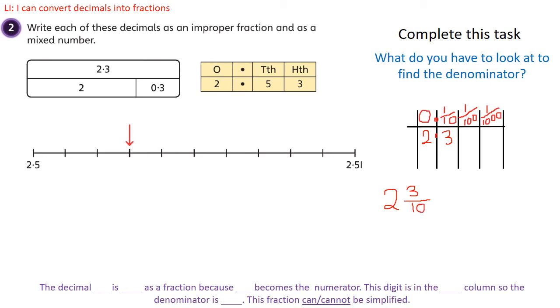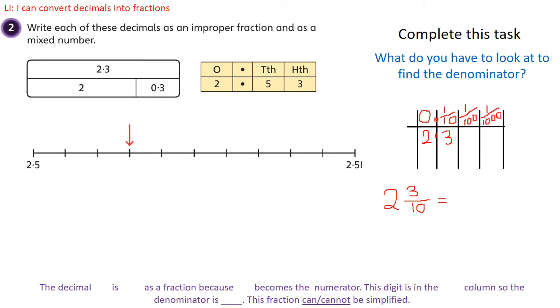But it also asked us for this number as an improper fraction. Well, we could work out how many lots of 10 are in my 2 wholes and then add on my 3. Let's do it that way, actually. So we've got 1 whole equals 10 tenths. So 2 wholes must be 20 tenths, plus my 3 gives me 23 tenths.